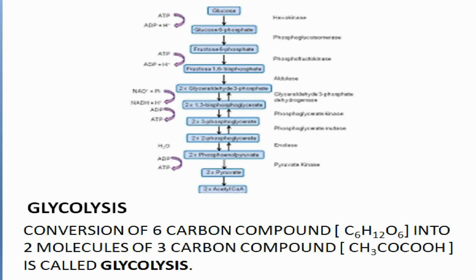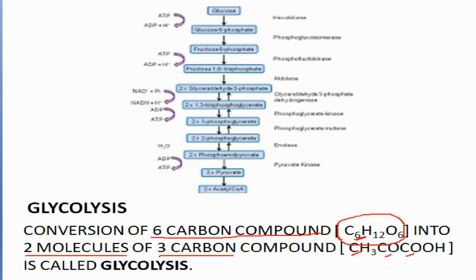Next, we go to glycolysis. What is the meaning of glycolysis? Here we have the conversion of a 6 carbon compound, glucose, with 6 carbon atoms, into 2 molecules of a 3 carbon compound, CH3COCOOH, which is called pyruvic acid.